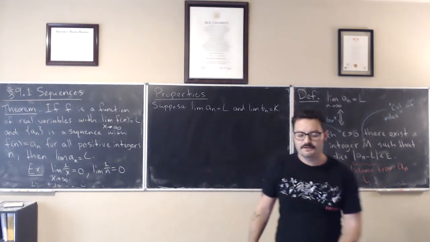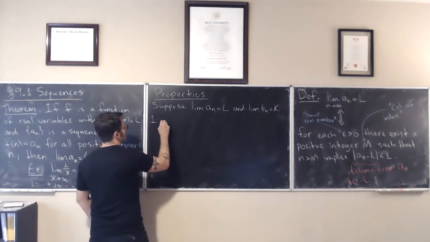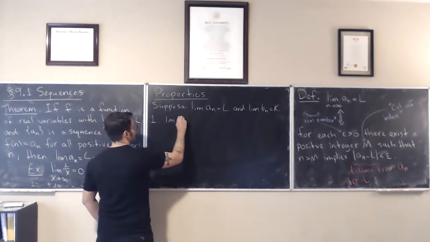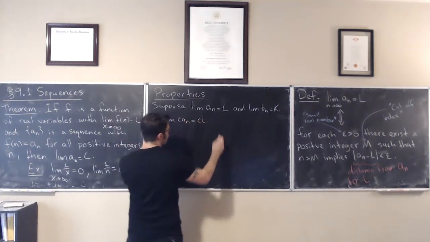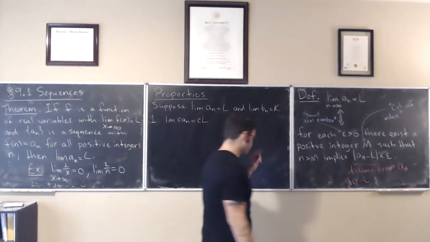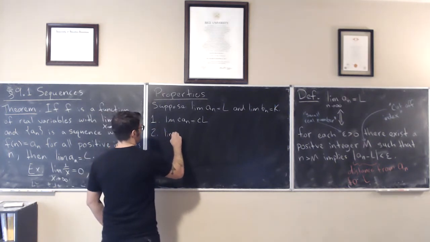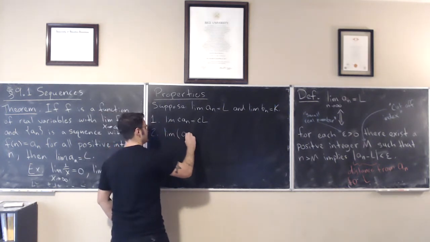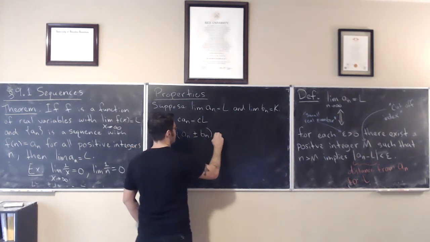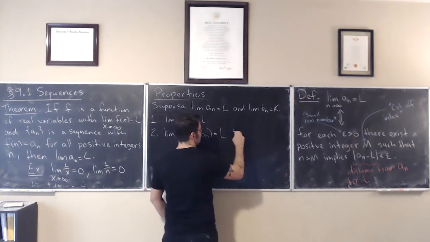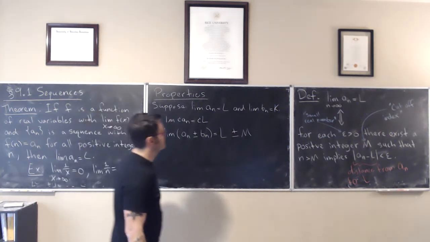Okay, just suppose that. Well then, part 1, the limit of c times a sub n is equal to c times L for any constant c. Part 2, the limit of a sub n through addition or subtraction with b sub n is equal to L plus or minus, respectively, k. Oh no, not mk, sorry.